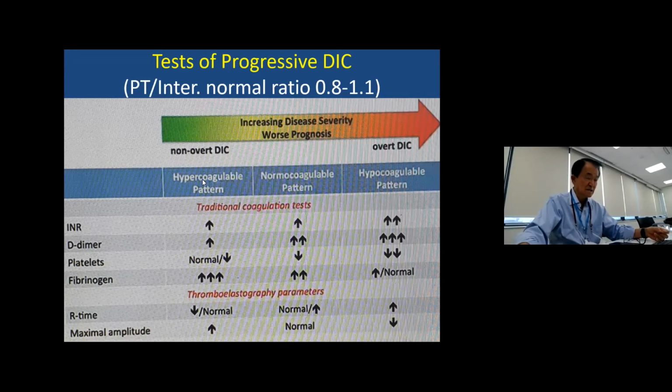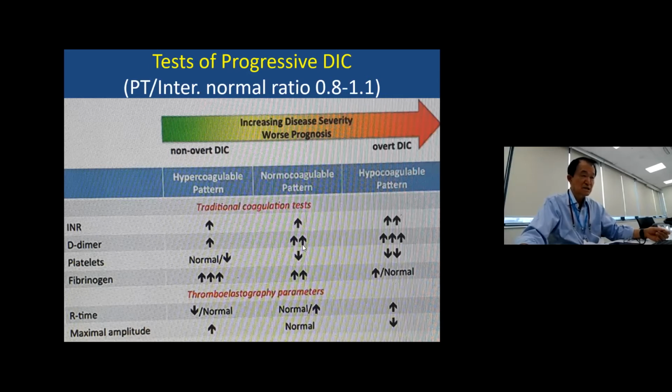So for the reaction time, we use a thromboelastography chart, and it shows the reaction time is increased. That's a hypocoagulable state. So amplitude also is decreased.